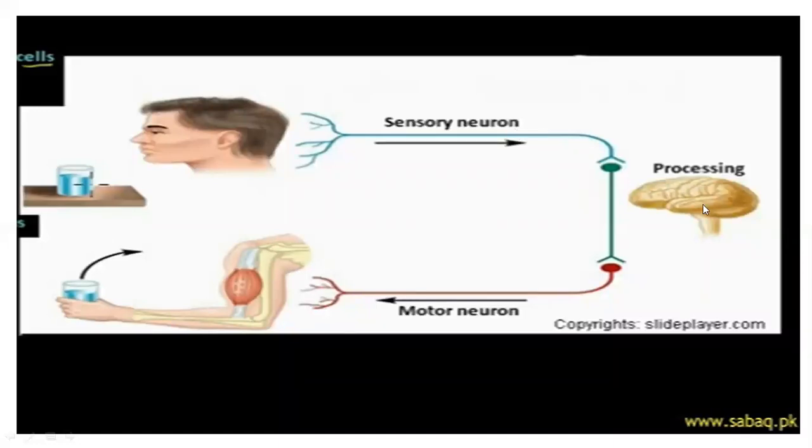The brain processes it, understands it, and after that sends this message through motor neurons to the effectors. In this case, the effector is actually the muscle present in our arm. These muscles allow our arm to bend, and as a result we take that glass of water and drink the water. So that's how you can understand how our brain coordinates our whole body in order to execute one simple function.